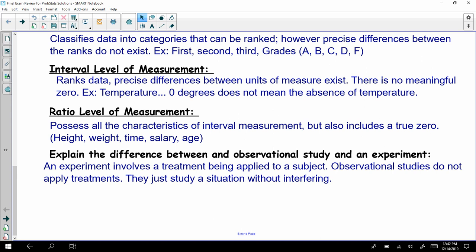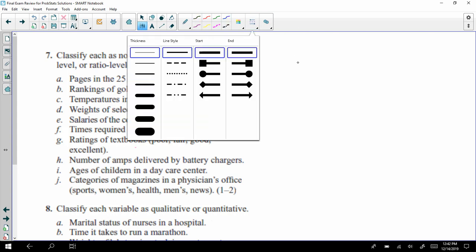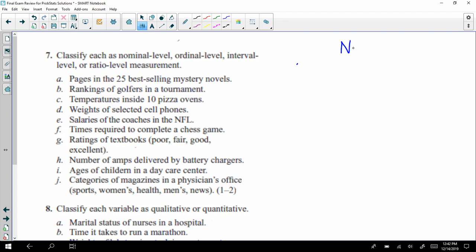I might actually go to chapter 2 if we have enough time today. Okay, so classify each as nominal, ordinal, interval, or ratio. Remember, nominal is category.